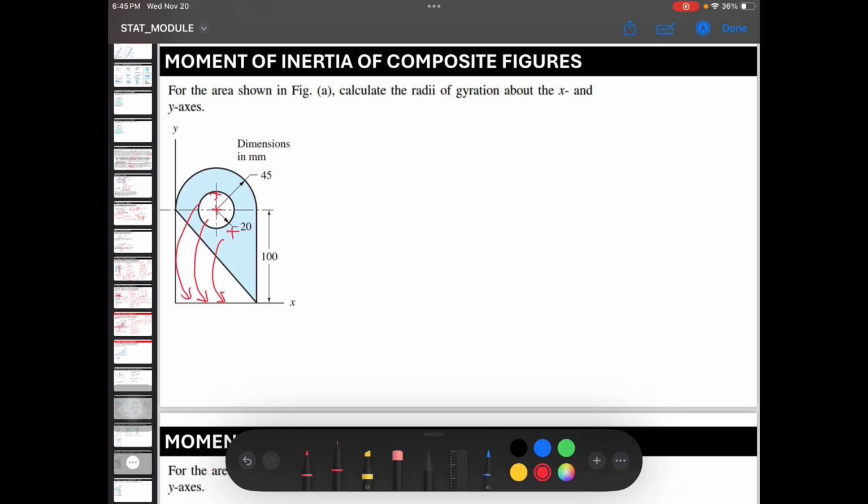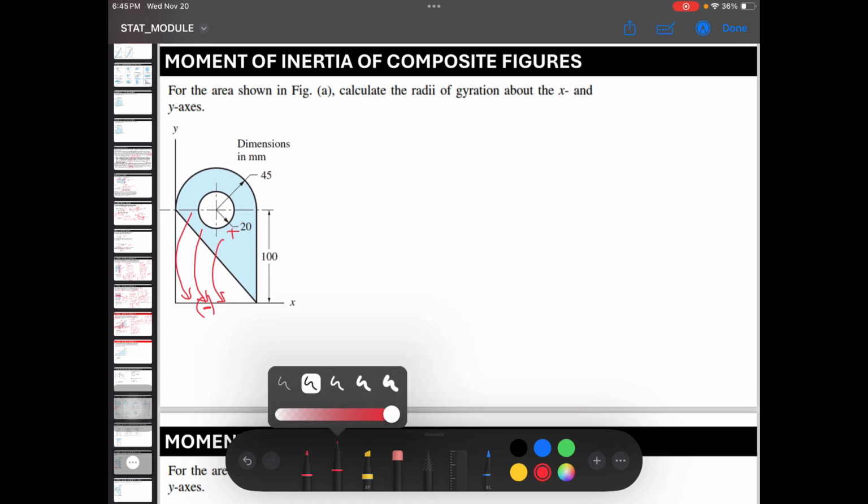But since whole circle na to is inaalis, butas siya, ibig sabihin minus ang sign yan. Isa-subtract siya. Hindi siya masasali sa total moment of inertia.